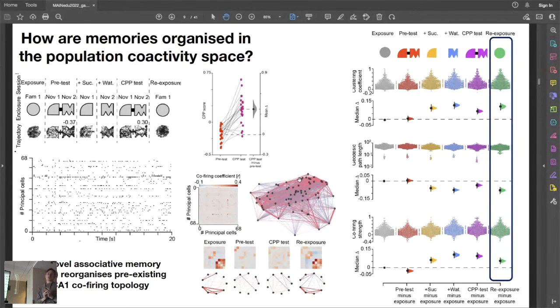But what was also very puzzling is that when the mouse is put back in the familiar environment at the end, the green section, these measures don't go back to baseline, but they stay heightened, showing some kind of hysteretic dynamics, which suggests that the previously formed representation, the memory that was already there, has been changed by the encoding of some new information.